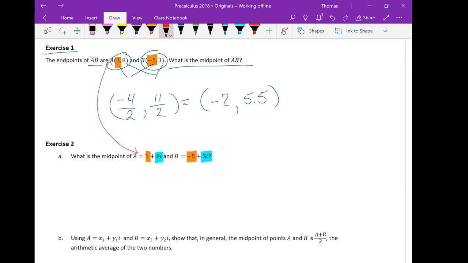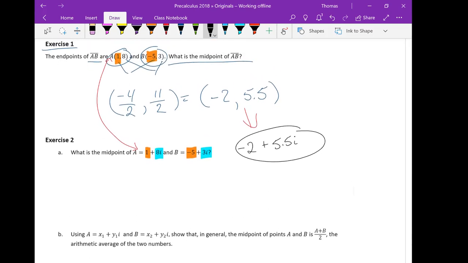So maybe if these points are the same, the midpoint that we get is also going to be the same. So maybe we expect that this point, this x comma y, will be the midpoint in our complex plane, and it would have coordinates of real part -2 and an imaginary part 5.5i. So that's maybe how we could write that midpoint as a complex number.